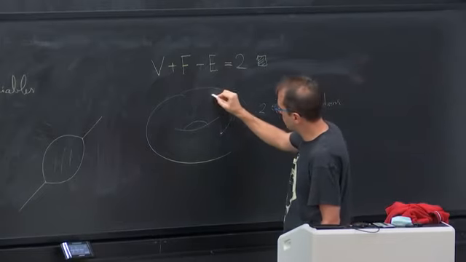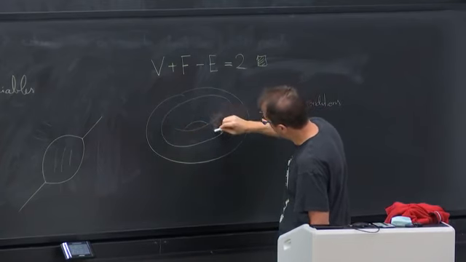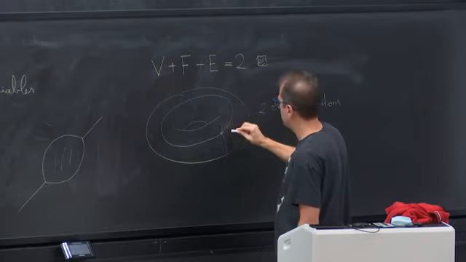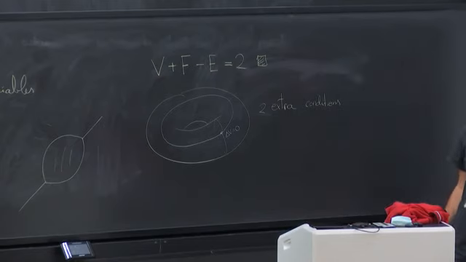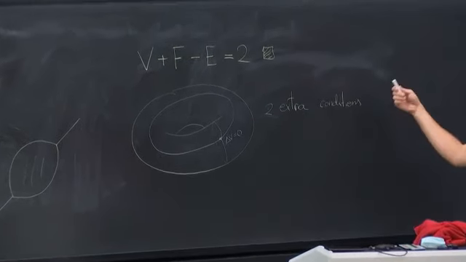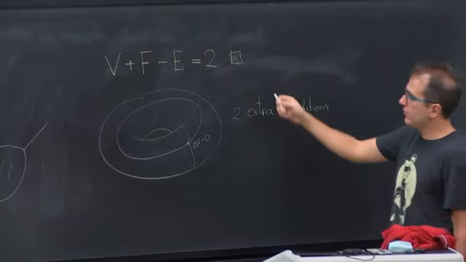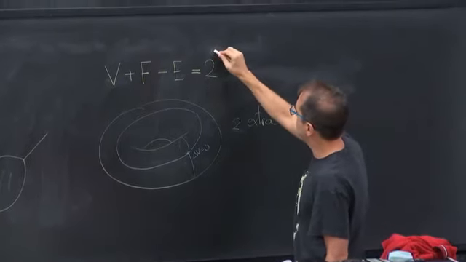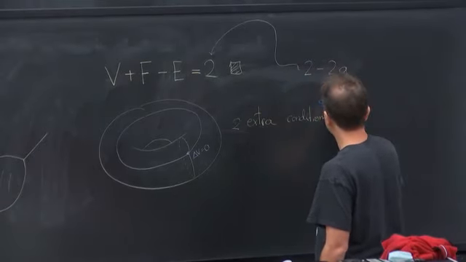If I measure the total difference of potential as I go around here, or around here, the total delta V must be equal to 0. Etc., etc. Each time I go up in genus, I get 2 more conditions for the 2 new cycles. And therefore, this 2 becomes 2 minus 2G.